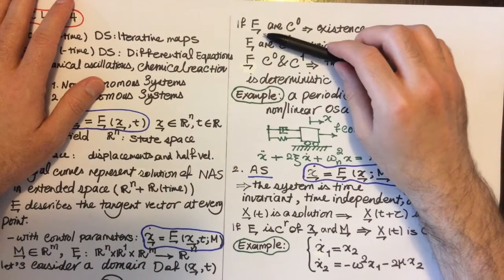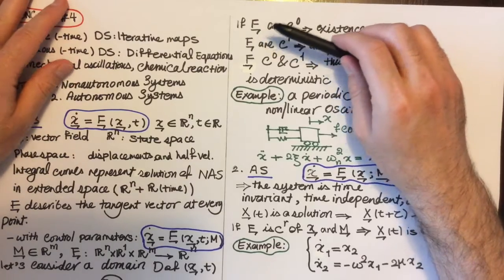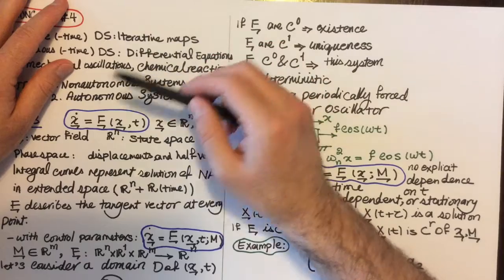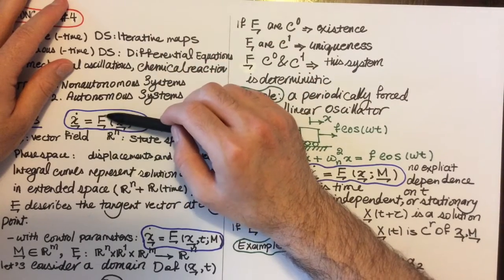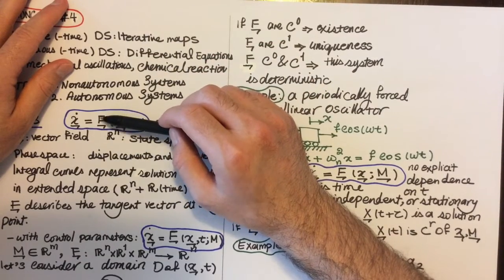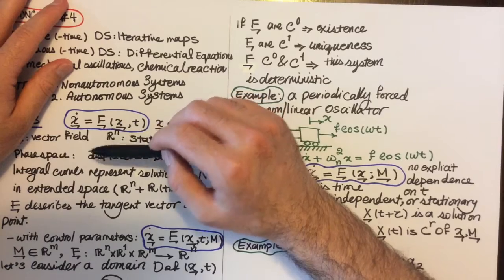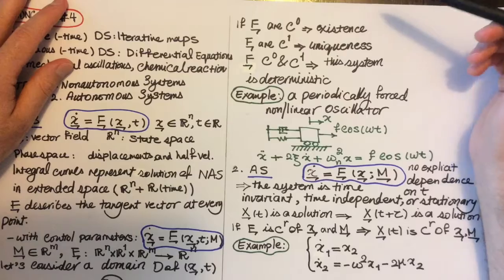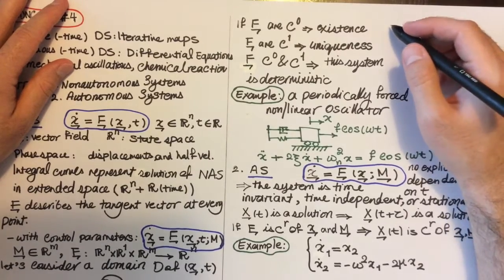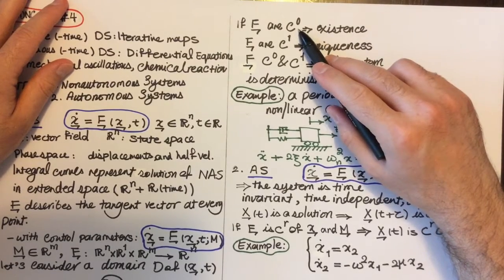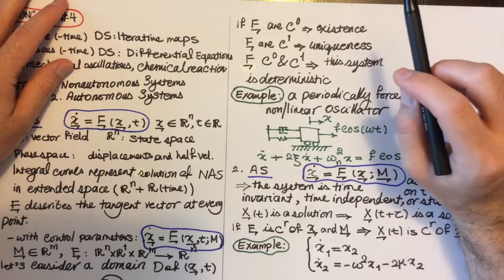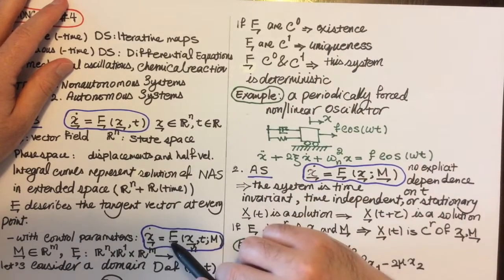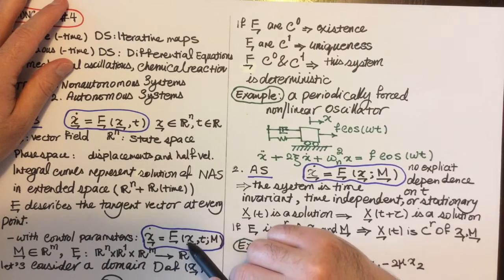In general we have more than one equation, so we can replace f with f1, f2, f3. If each component of f is C0, then that guarantees the existence of a solution to this differential equation.